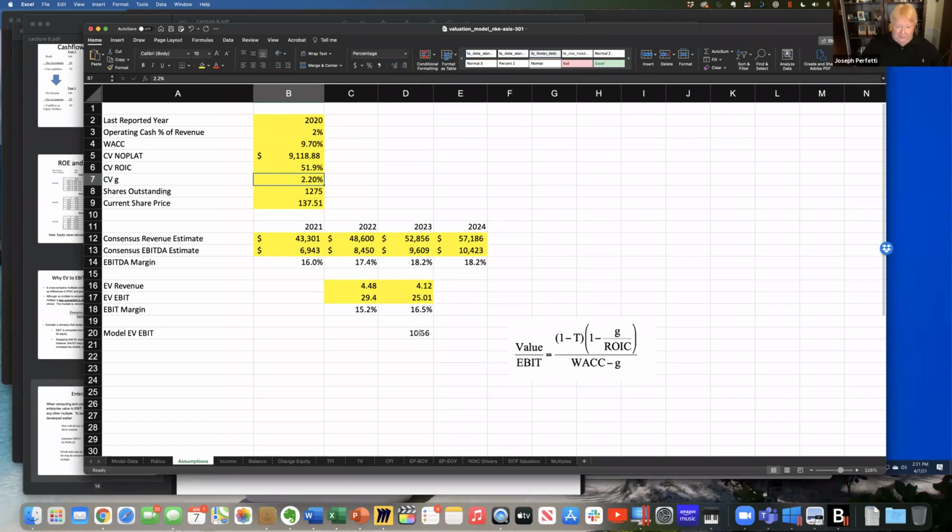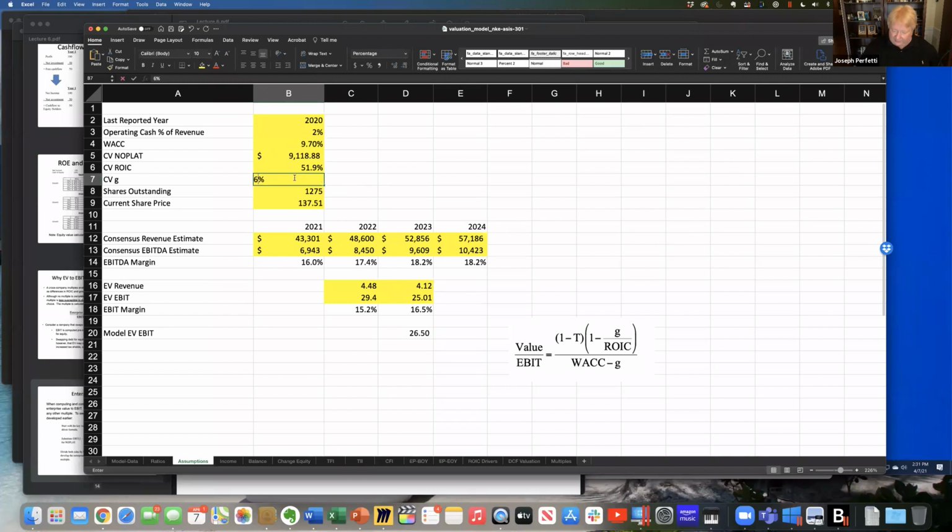What I'm trying to do is say, look, if this is the trading multiple today, 2023, of 25, how do I get a G using this equation to get this to match? Obviously my G is higher than 2.2. What if my G were 5%? That would be an EV to EBIT of 16. What if my G were 7%? That'd be a little higher.